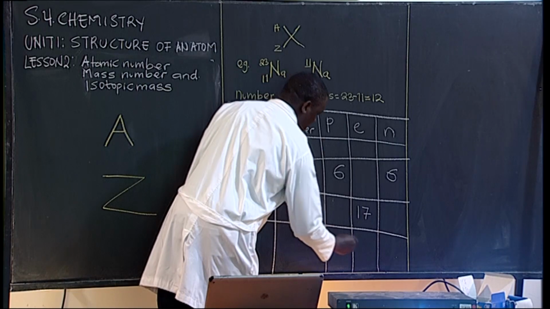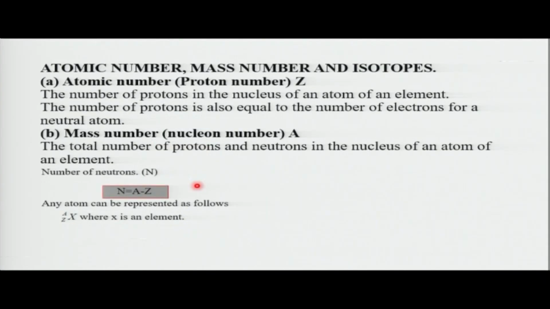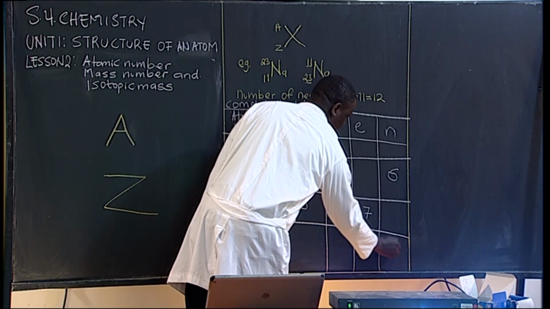Supposing we put here 8, the number of electrons is 8. And here I also put 8.